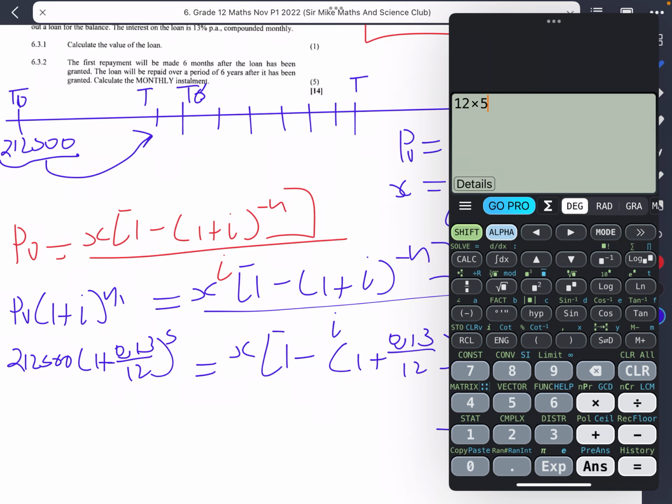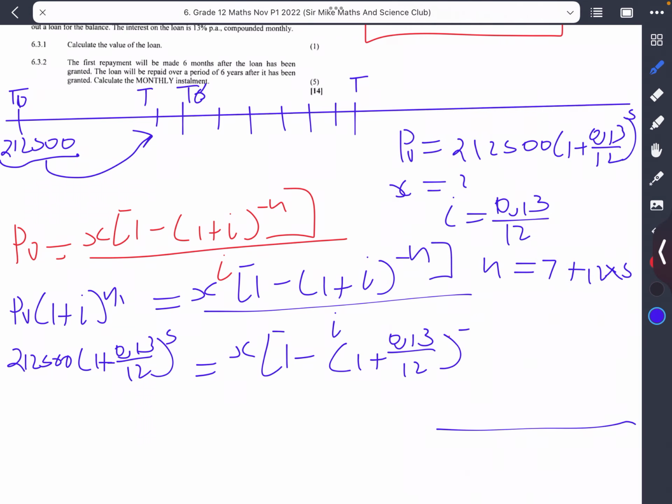They say that the loan will be repaid over a period of 6 years after it has been granted.